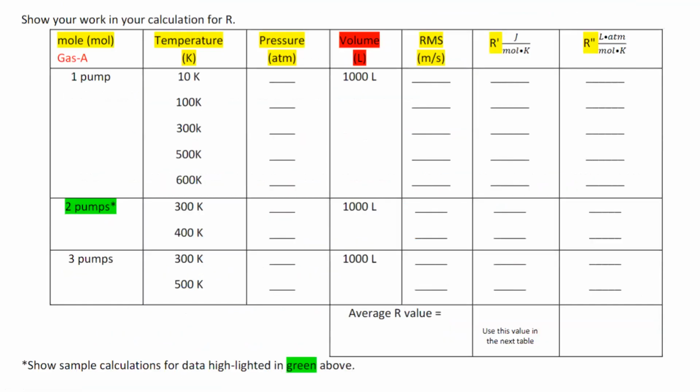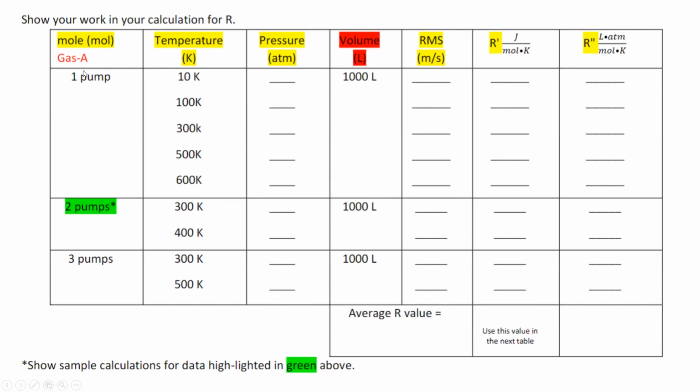So we're going to be filling out this table, and you can actually look at, let's see, I believe it was Table 7A from before. We can actually just copy this information from that previous table.